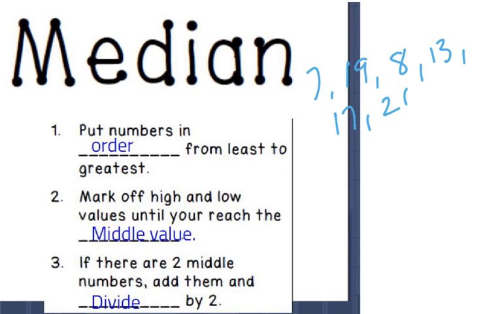Here's how I like to do it. I look, what is my smallest value? Oh, it's 7, okay. So I go 7, and then I cross it out. What's my next lowest value? 8, okay. And then I cross it out.